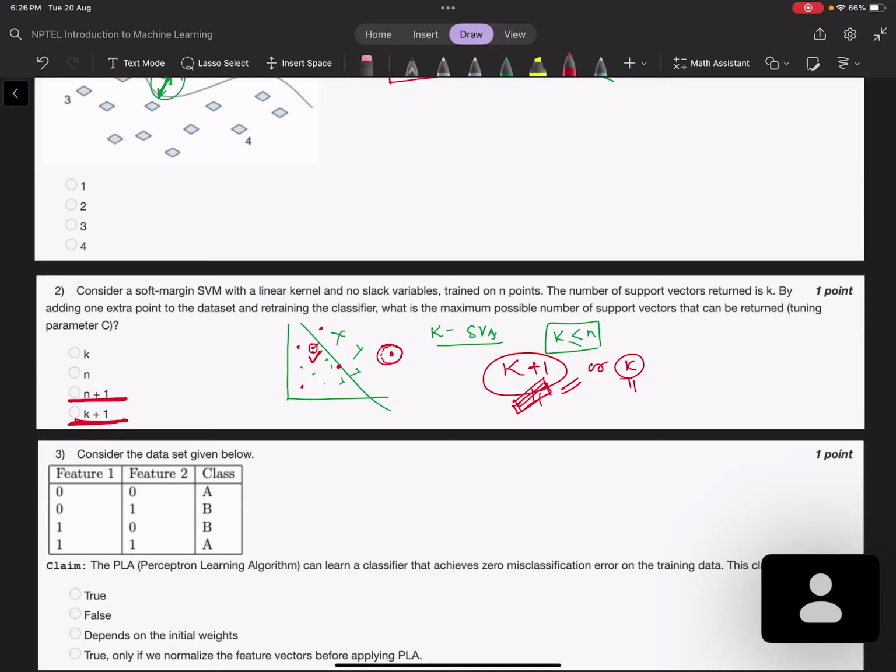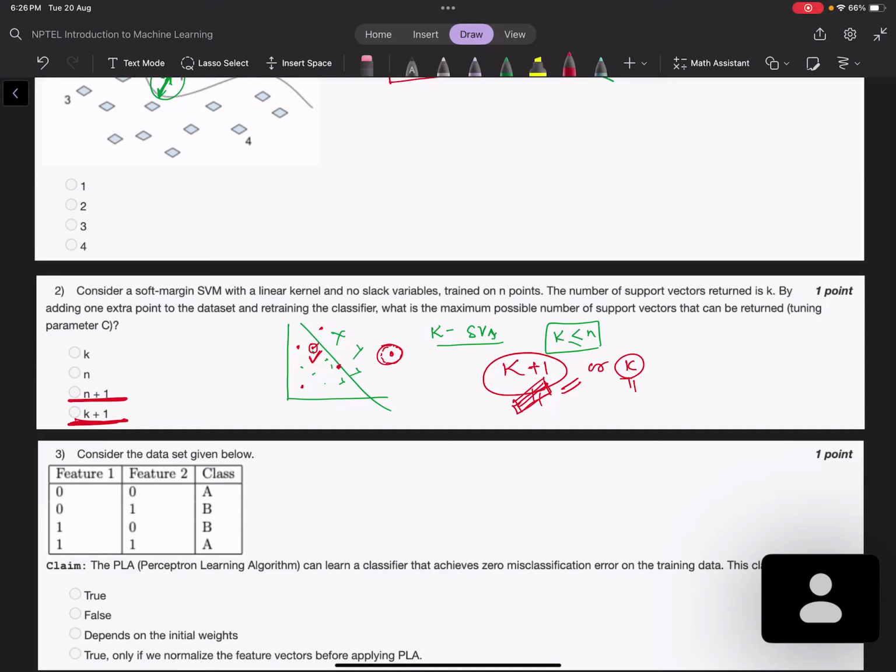So the smoothing parameter C that is given here is the soft margin parameter. The C parameter in the soft margin SVM controls the trade-off between maximizing the margin and minimizing the classification error, right? So if you make the value of C higher, it will prioritize minimizing the classification error, which will lead to more points becoming support vectors.